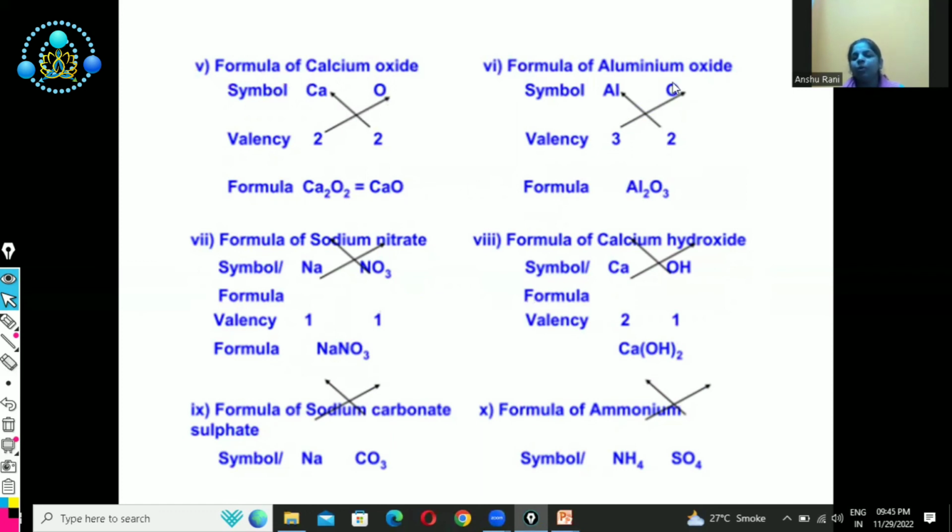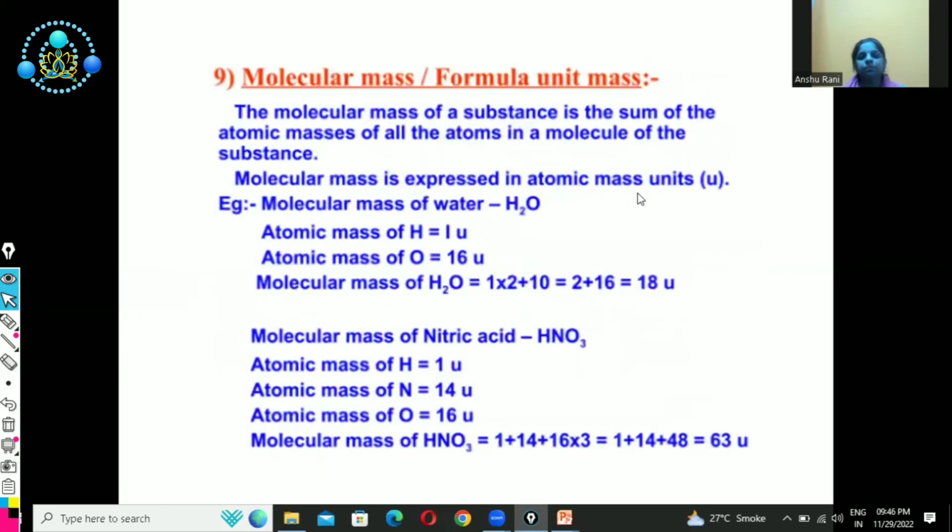If you are having aluminium oxide, aluminium is 3 positive, oxygen is 2 negative. Crisscross, so it will form Al2O3. The valency of oxygen is 2, which is written as a subscript with aluminium. So it will form Al2O3.